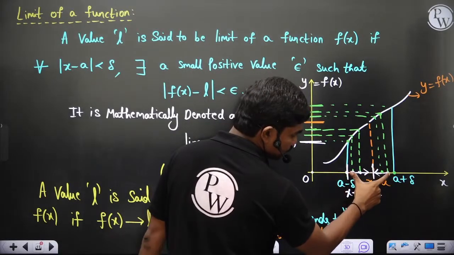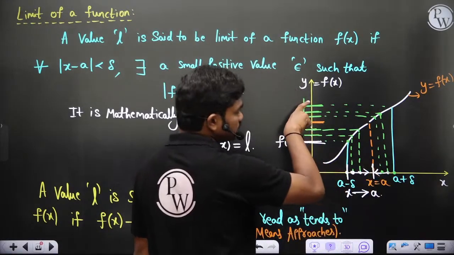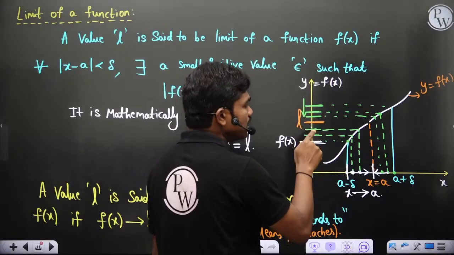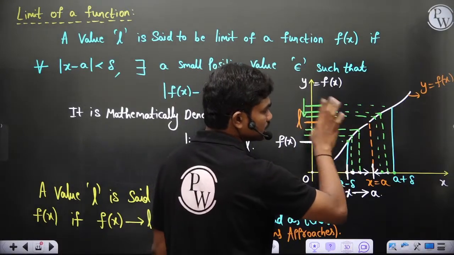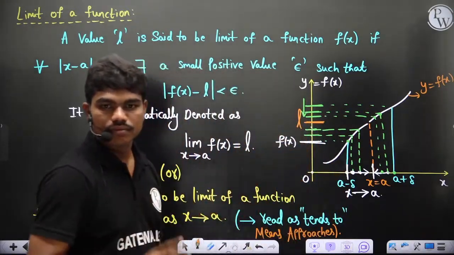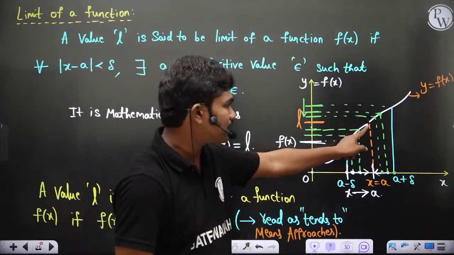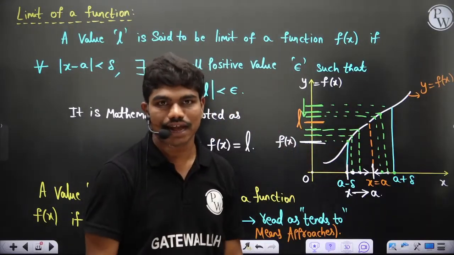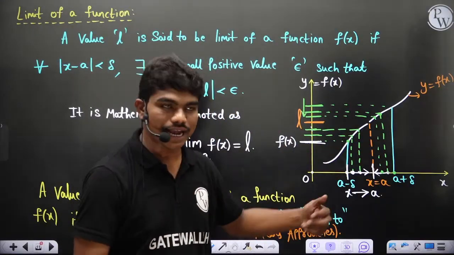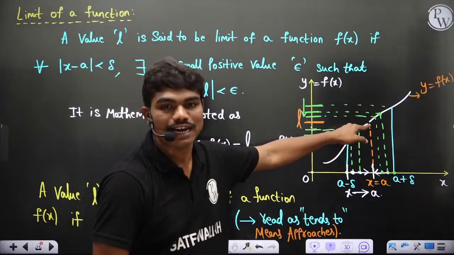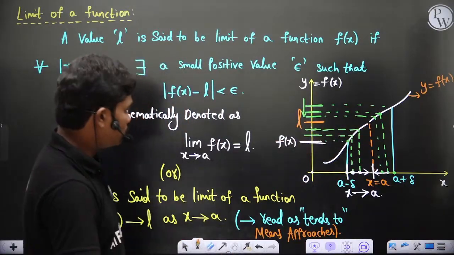If x is in the neighborhood and approaching towards a, this function will keep approaching towards L, and this L has nothing to do with the function value at a. Clear? In fact at exactly a, the function doesn't have any value, it got broken. Intentionally I have done this to show you there is no functional value here.